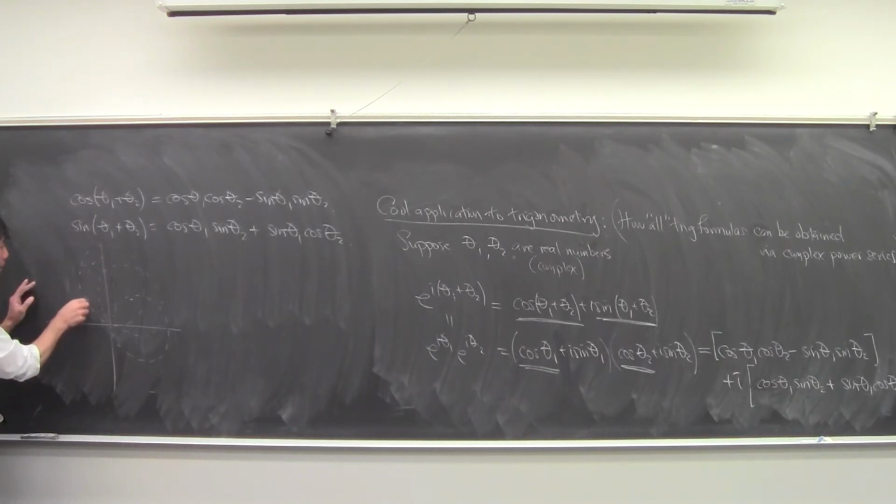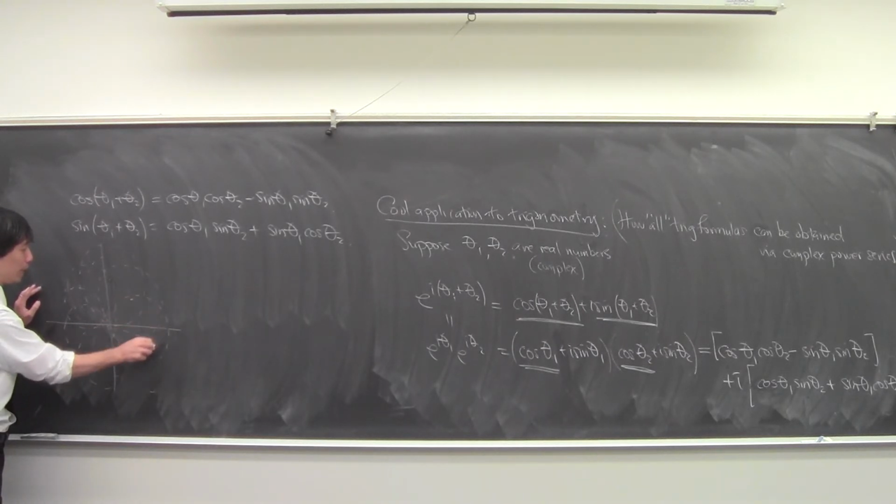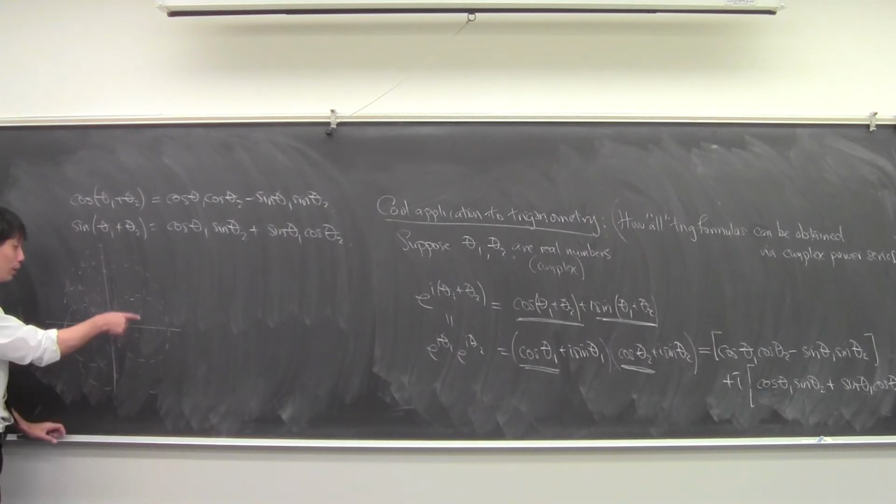But a funny, maybe awful thing happens, which is that as you go around, you come back, and it turns out that when you come back, you get a different function. Okay, but we still consider that to be the logarithm. And you go around again, you actually get another function. It's related, but it's not exactly the same thing.